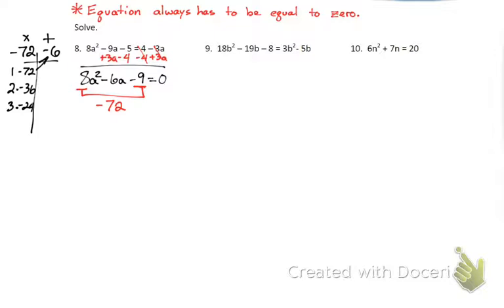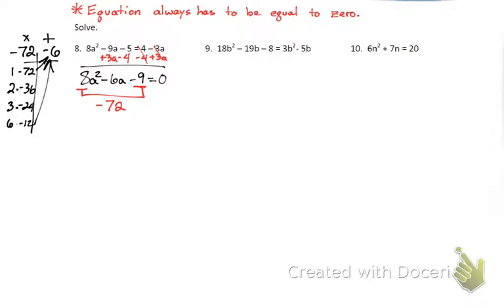So I go through a few, I don't find any that work, and then I finally find 6 and negative 12. 6 times negative 12 will make negative 72. 6 plus negative 12 will make negative 6. So that's what we're going to use.